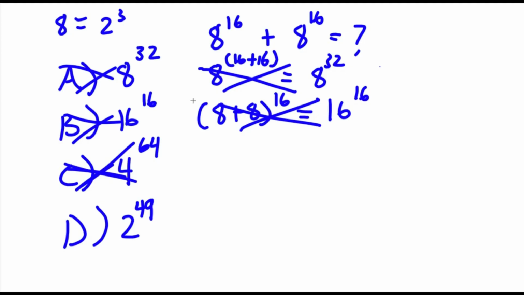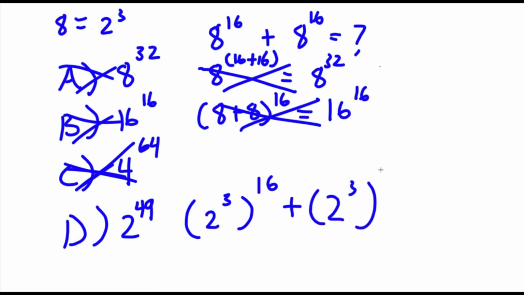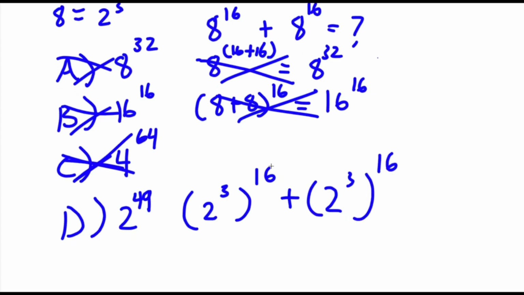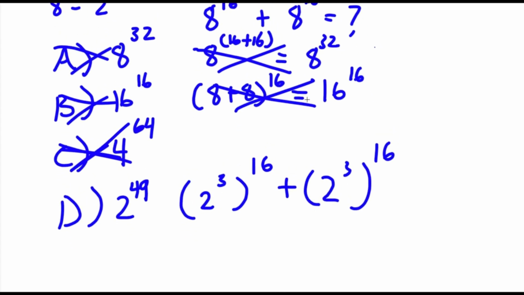And for D, which is the correct method, remember how I said 8 is equal to 2 to the power of 3. So what you have to do is substitute in 2 to the power of 3 for 8. So now I have 2 to the power of 3 to the power of 16 plus 2 to the power of 3 to the power of 16. Now, if I have something in the form a to the power of m to the power of n, this is equal to a to the power of m times n.